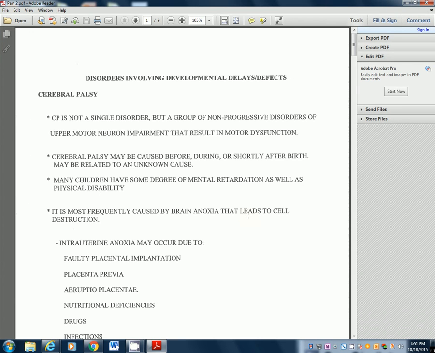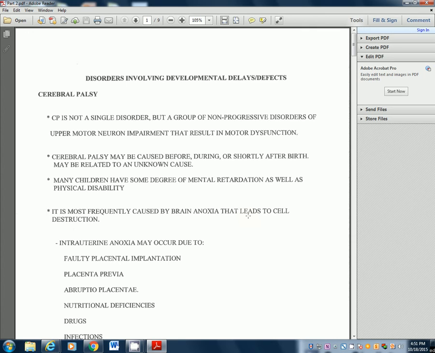All right, this is disorders involving developmental delays or defects, CP, cerebral palsy. I want you to remember that they're a child first and CP second, and it's easy to think that they're a CP child, and that's not the way that it is. It is not a single disorder.